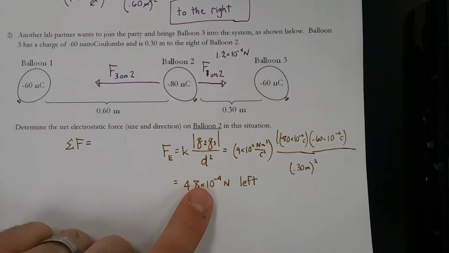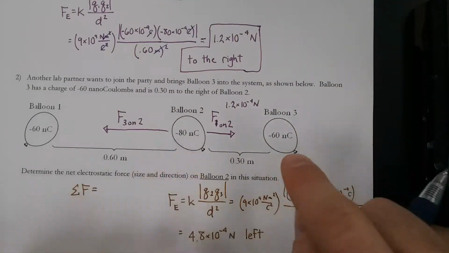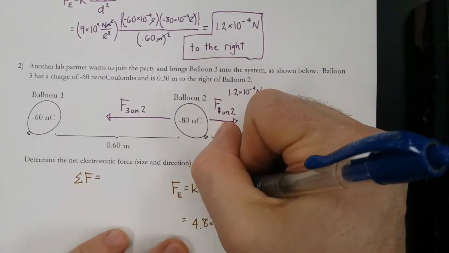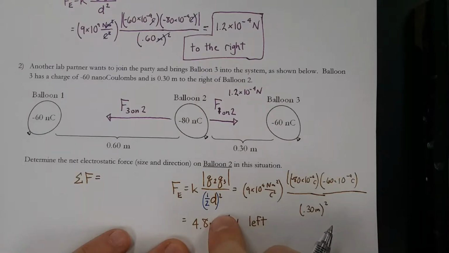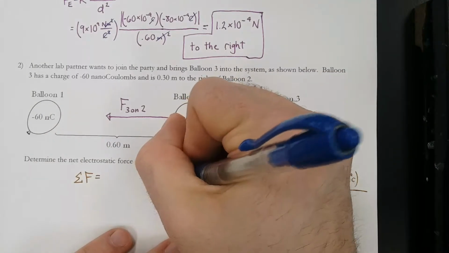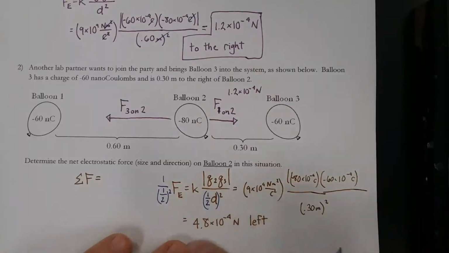That totally makes sense because compared to the initial situation, I put this balloon twice as close. I halved the distance. And as you half the distance on one side, I'm changing one side of the equation, so I have to change the other. And I do that by 1 over 1/2 squared.